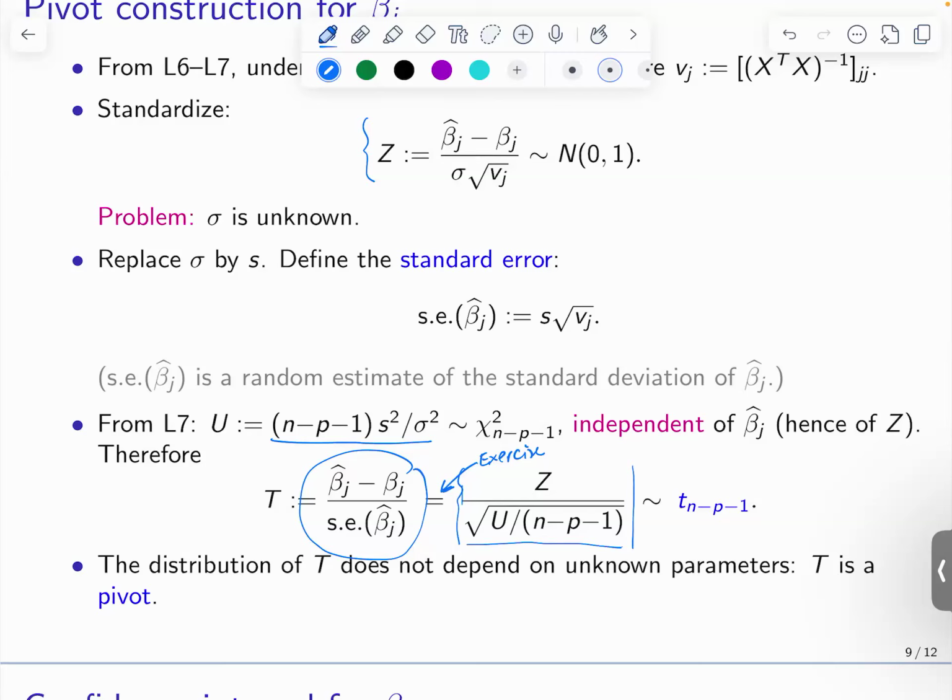It happens to be t-distributed, but that doesn't say much, it's just a name. Even if you don't know the name, you can argue that this has a fully known distribution that does not depend on unknown parameters. You can simulate from this distribution by generating a standard normal and an independent chi-squared, forming this, repeating the process and plotting the histogram.